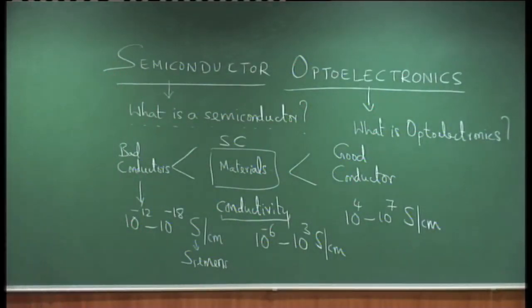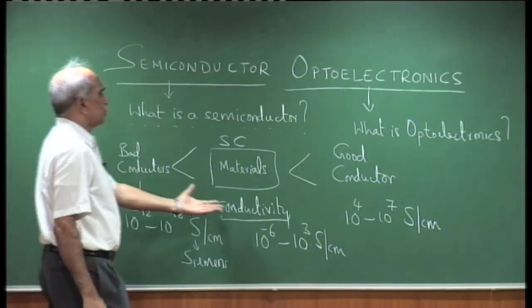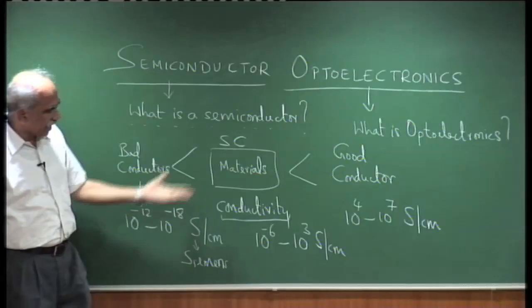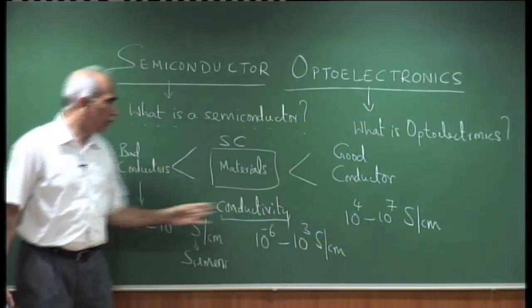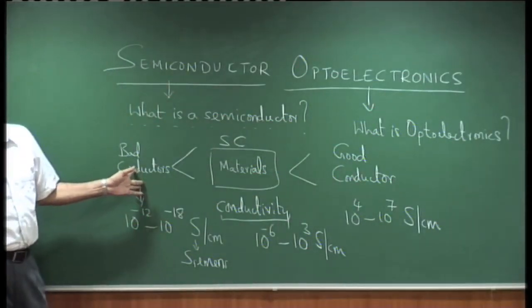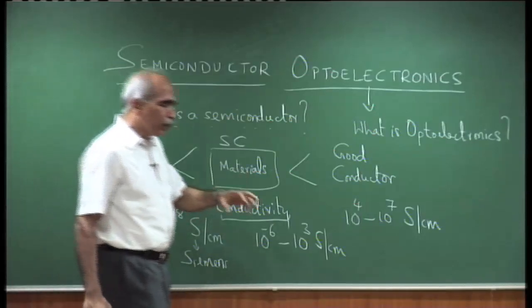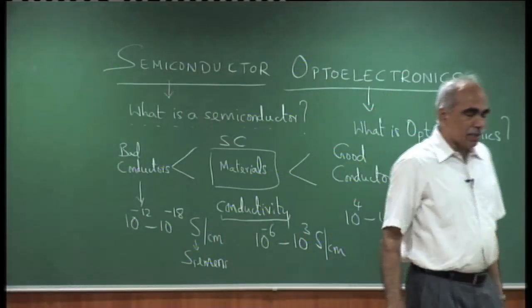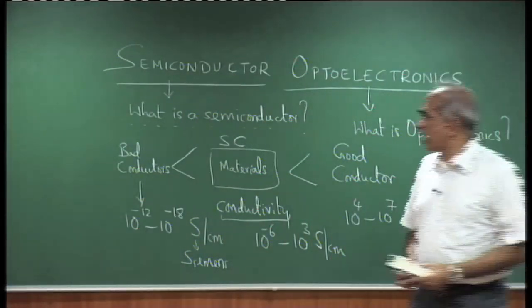But does this qualify a material to be a semiconductor, just if it has conductivity between those of good conductors and bad conductors? No. Then it would not have had such important applications as we have today.